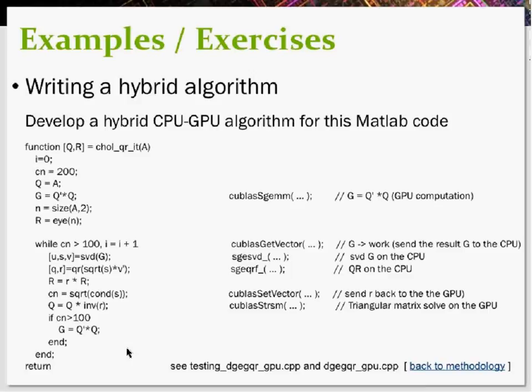For the multiplication Q transpose Q, you have some kind of cublas gemm call, whatever precision you use. After you get G, you copy the data to the CPU and use LAPACK, and then the data moves back.